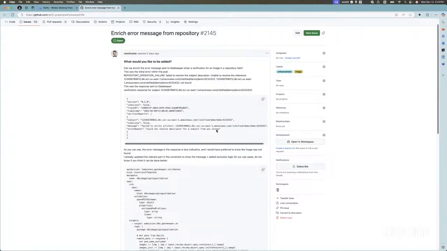Maybe we can double confirm with this user about his expectation. If the desire is to improve the error message to be more intuitive and straightforward, I think we can just update the error message. And we can provide our suggested error message and let the user review and comment on this issue. Once we are aligned, we can fix it in our next release.